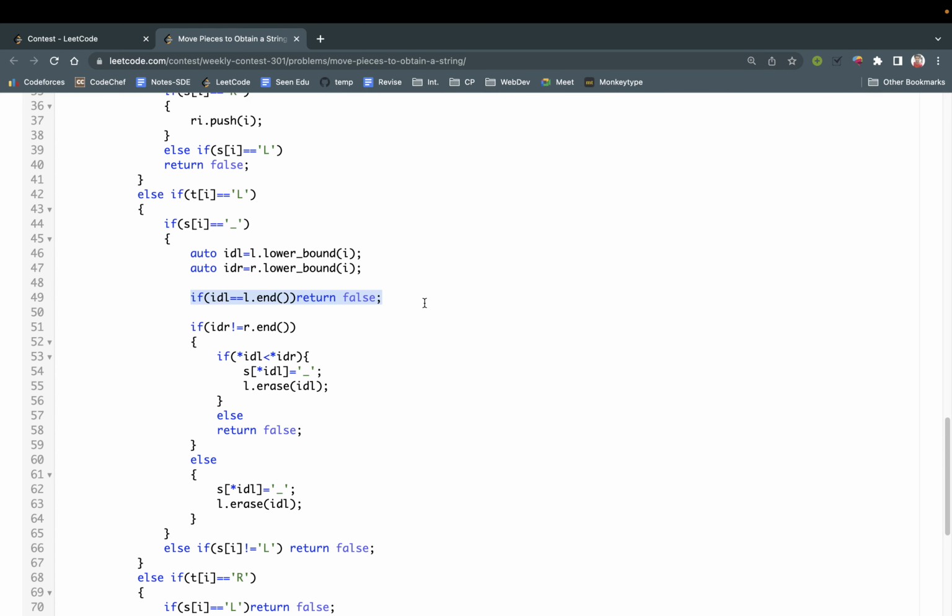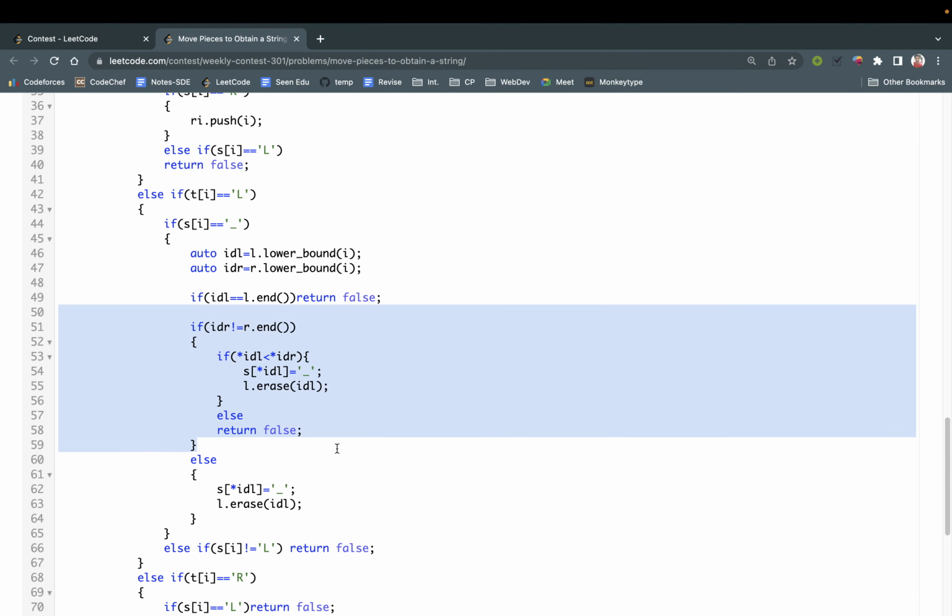So now I'm writing the idr. If R is also present on the right side and L is also present on our right side, then we simply have to check if our L is closer than the R. So if L is closest, I simply put dash at this index and erase this idl, meaning on the right side we have removed that L. Otherwise, if they are the same or greater or equal, then returning false.